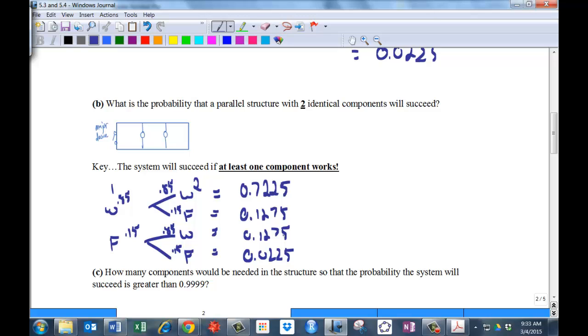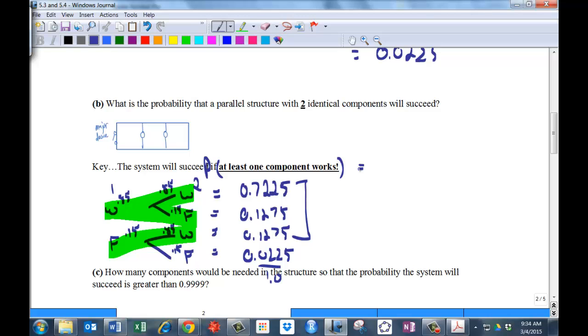Okay, so at least one working. Let's highlight those. Well, it's going to work here because both work. It's going to work here because the first one works. It's going to work here because the second one works. It's not going to work here. So we want this probability here. But remember, the total is 1.0. So to get the probability that at least one component works, I want to know the probability of this, right?